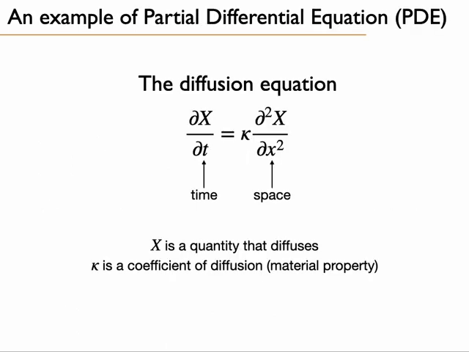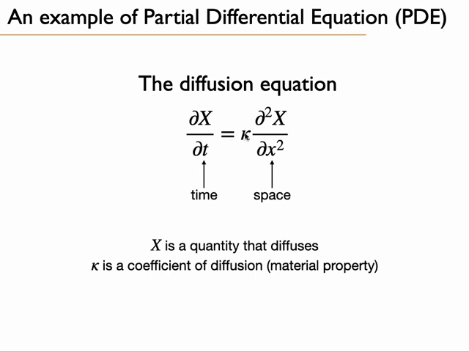So the focus of today is the diffusion equation. And the diffusion equation looks like this. On one side, you have dx dt, so you have the rate of change of a quantity.